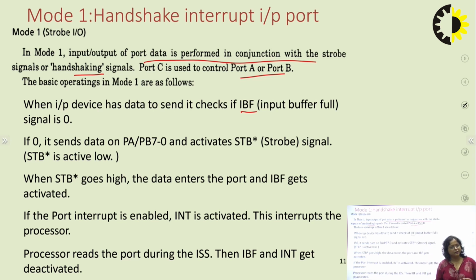If 0, it sends data on PA0-7 or PB0-7 and activates the strobe signal to show data. When strobe goes high, data enters the port and IBF, that is input buffer full, gets 1. If the port interrupt is enabled, INT is activated and this interrupts the processor. The processor reads the port during the interrupt service sequence and then IBF and INT get deactivated.